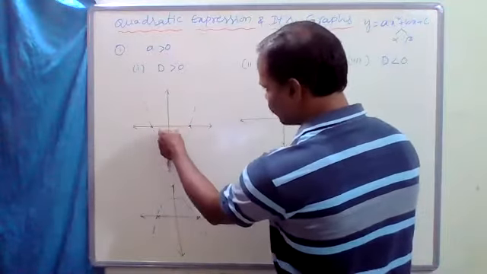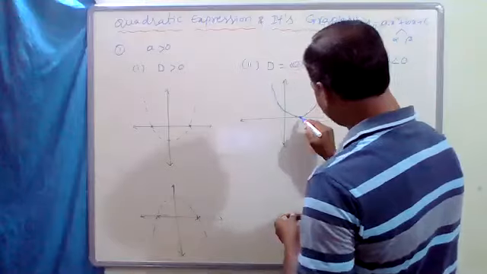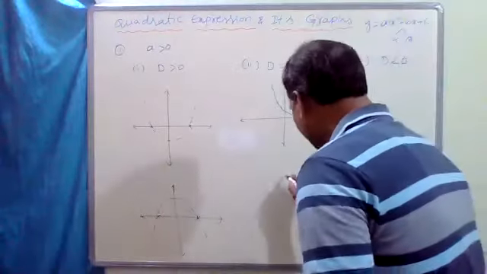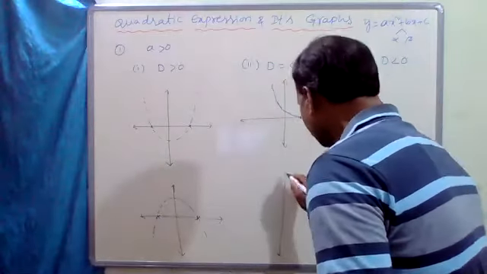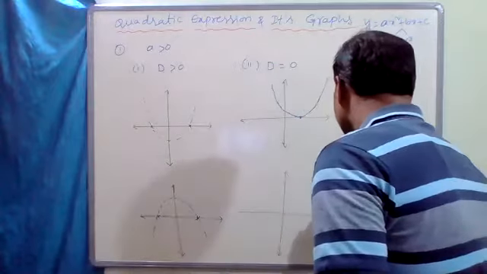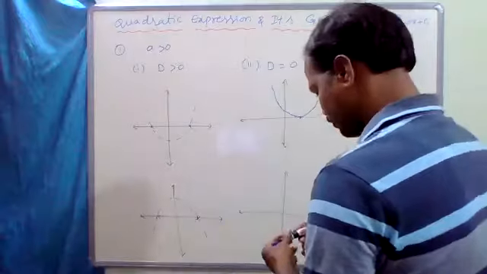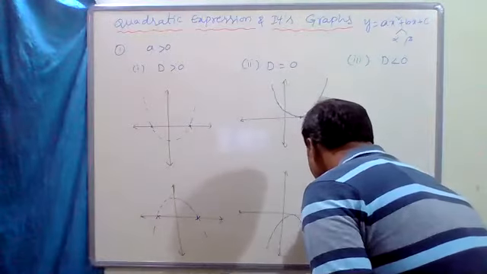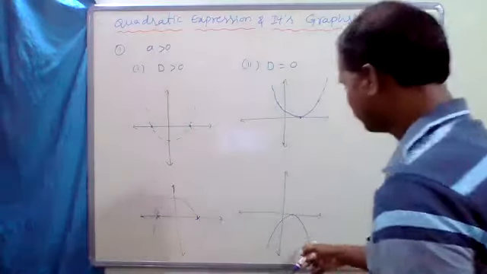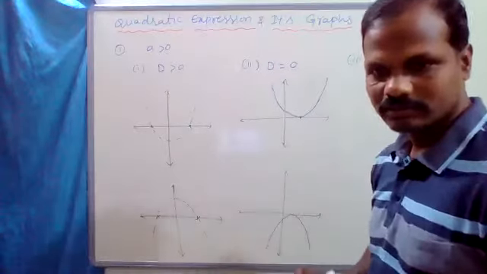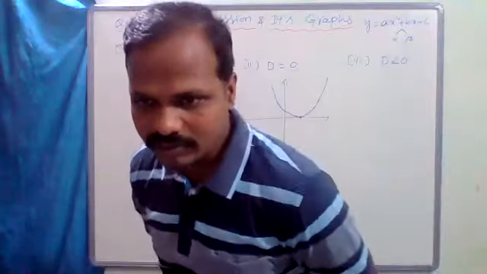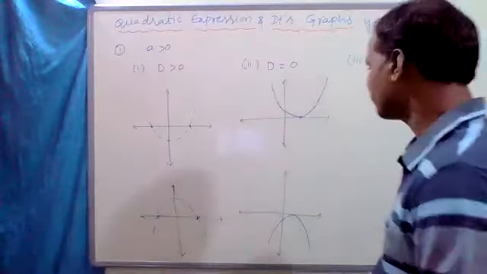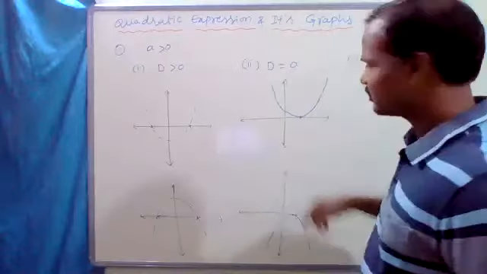Alpha equal to beta means the roots are coincident. Otherwise, the graph may be like this. So D equal to 0, two equal roots, the graph will touch the x-axis.